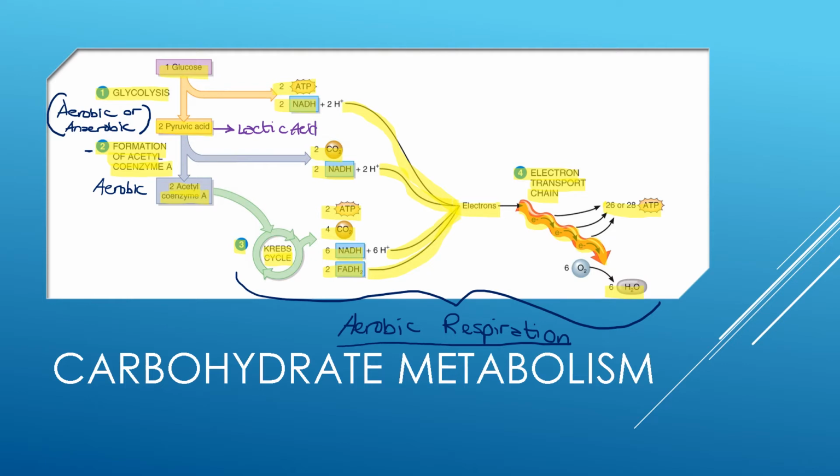And if pyruvic acid is converted into lactic acid under anaerobic conditions, then the remaining steps of cellular respiration cannot occur because we need this acetyl coenzyme A in order to finish the Krebs cycle and electron transport chain. So without oxygen, glucose will be converted into pyruvic acid and then lactic acid, and that's kind of where it stops. So oxygen is needed to create the most amount of ATP from glucose.